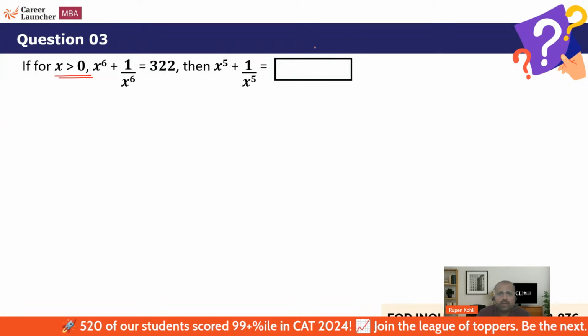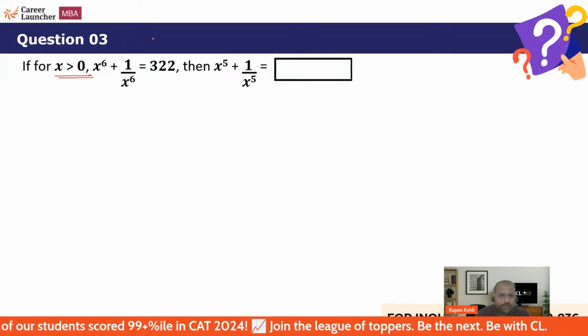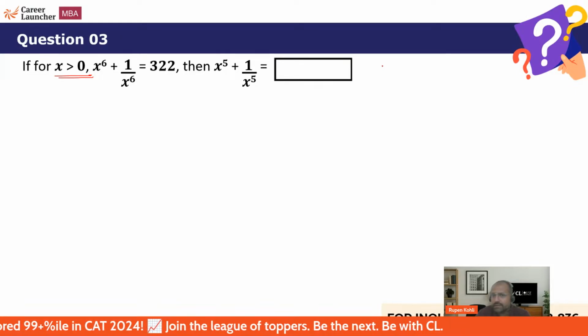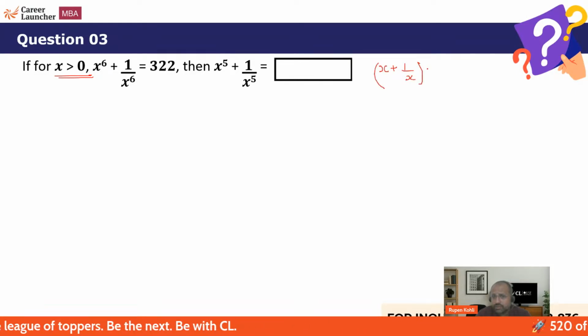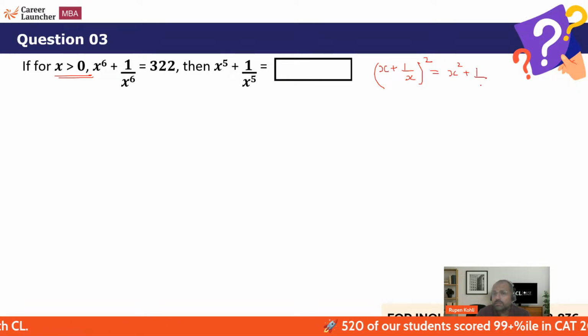So, with that being the mindset, and given that we have understood in the first question what the expression of x plus 1 by x whole square is, right? It was x square plus 1 by x square plus 2, right?